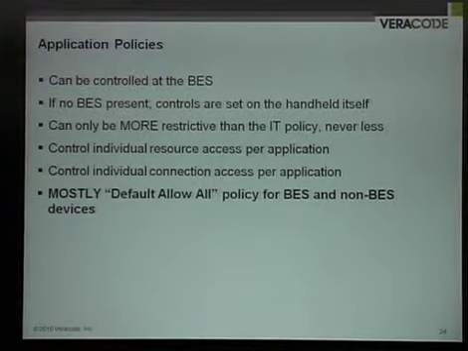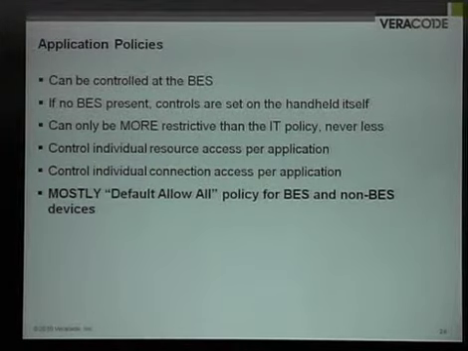Then there's application policies, which are similar to IT policies, but they operate one level lower at the handheld itself. These aren't controlled directly by the BES, but they may be superseded by the BES. So if the BES pushes you can't install third-party apps, you can't change that by using an application policy. But if the BES says you can change it at the individual handheld level, okay? So it can be superseded.